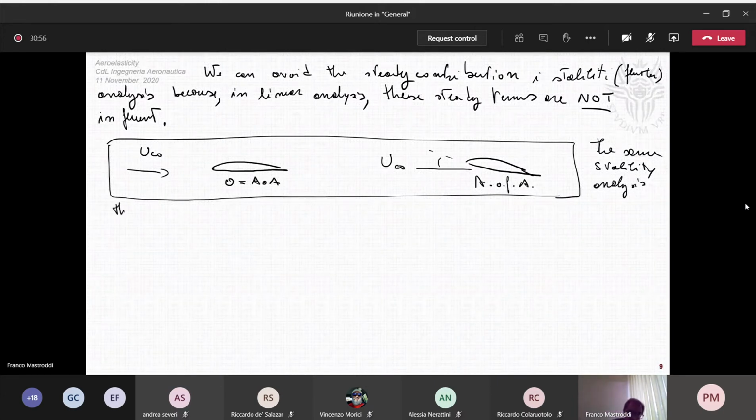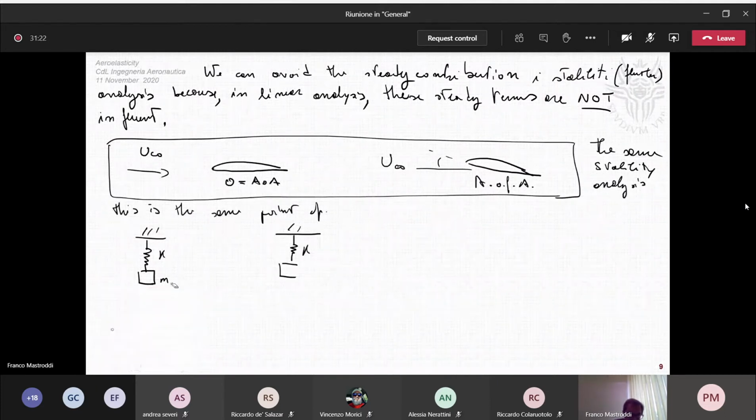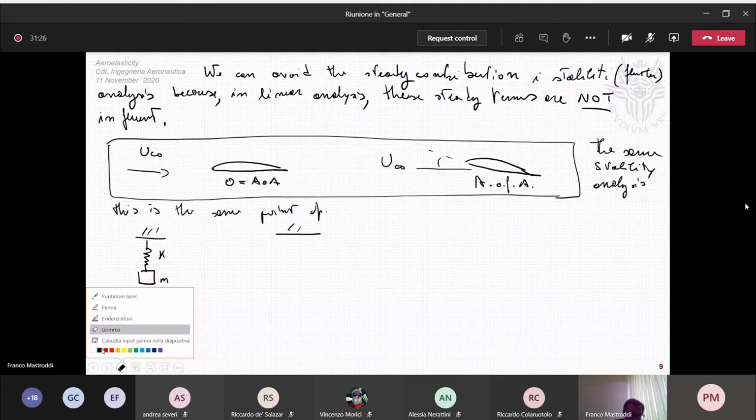this is the same point. Consider the system, mass, spring, and consider this system, spring, mass, the same spring, the same mass, but including the gravity.